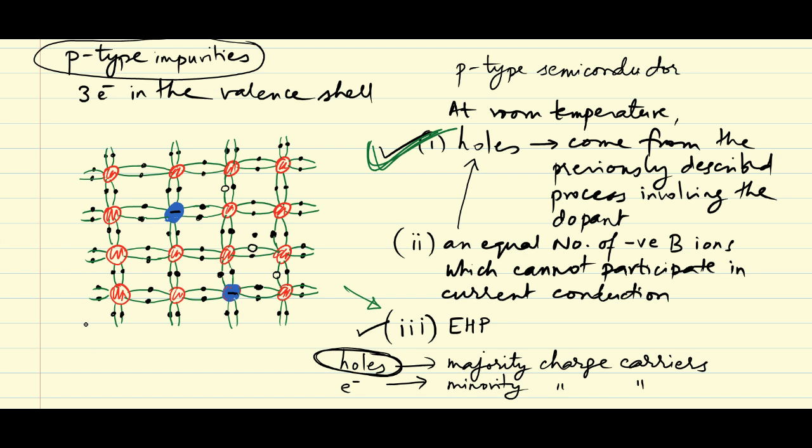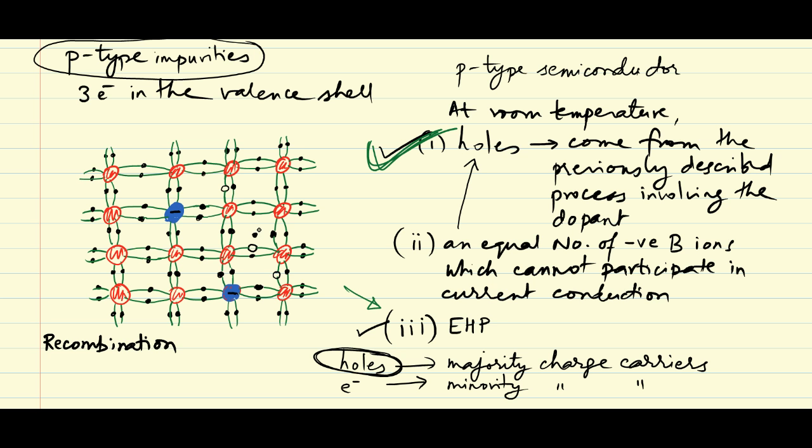And finally, there is one last process which needs to be described, and that's the process of recombination of electron hole pairs. It happens when a free electron and a hole collide with each other. They neutralize each other, and in the process an electron hole pair gets destroyed.